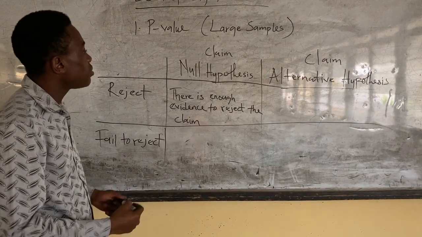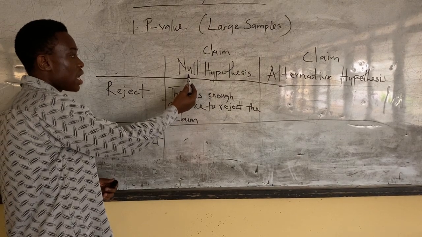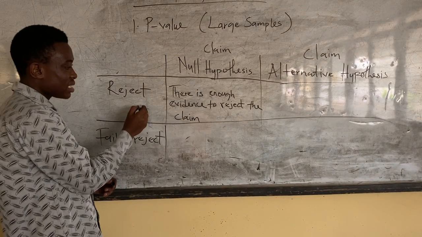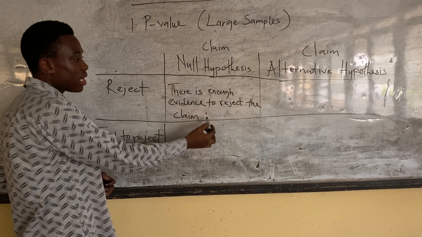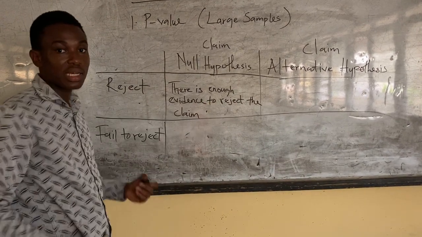So whenever your claim is a null hypothesis and your decision rule is to reject, then the decision becomes there is enough evidence to reject the claim.